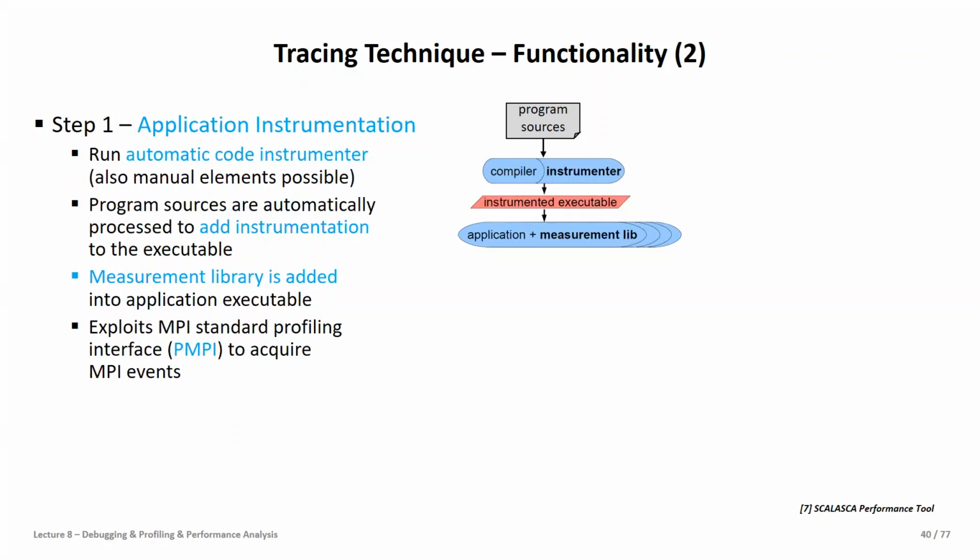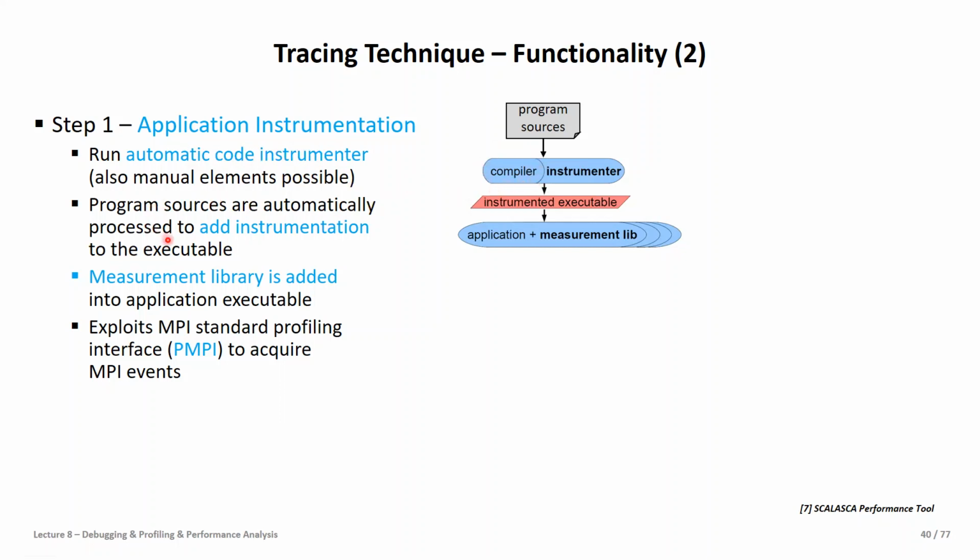Now, in order to augment the tracer and the idea of tracing, we have to add something to this. Firstly, we have a so-called instrumenter that has automatic code instrumentation, placed close to the compiler.